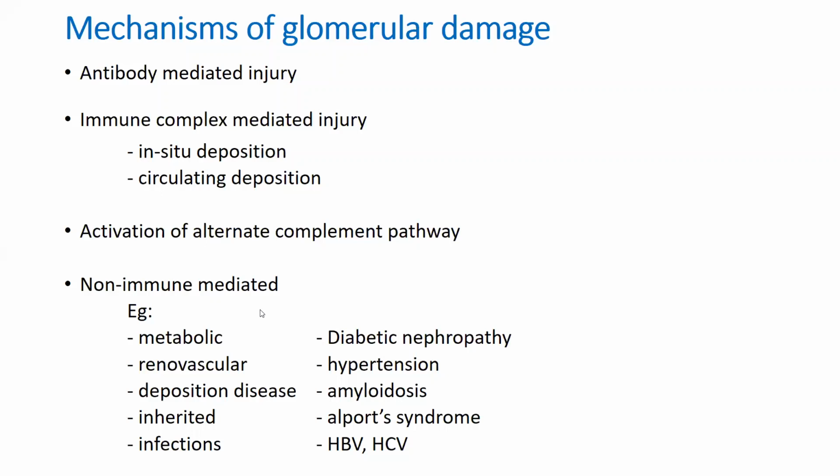The other way is non-immune mediated, so there is no immune mechanism, but it could be secondary to metabolic conditions like diabetes, it could be renovascular diseases like hypertension, deposition diseases, inherited conditions due to genetic abnormalities, or infections which can directly affect the glomerulus and cause damage.